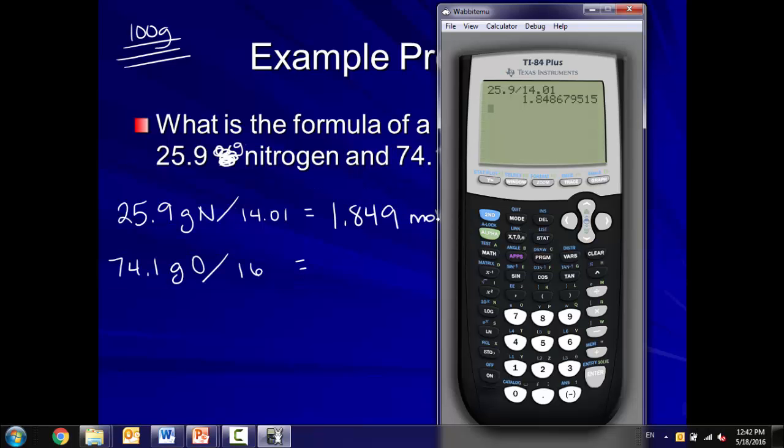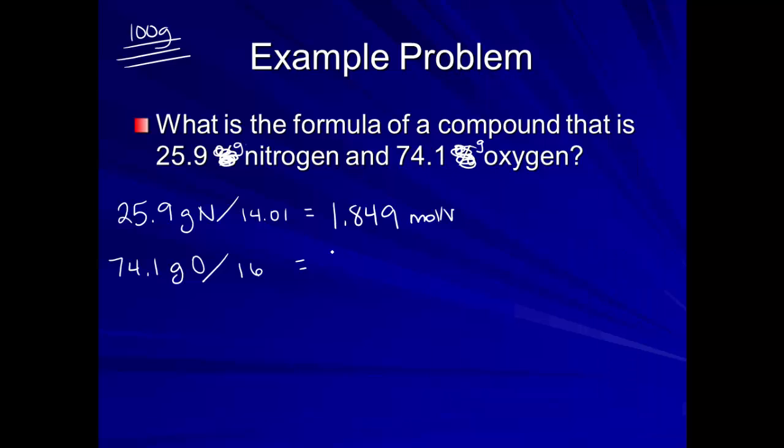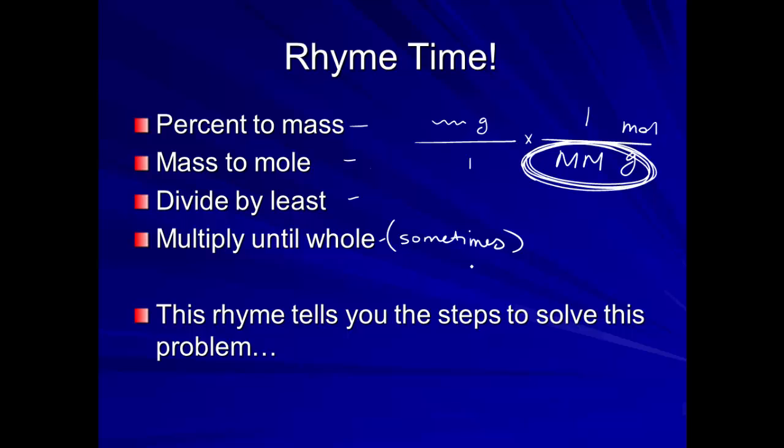And switching back to our calculator for oxygen, 74.1 divided by 16, that's its molar mass on the periodic table, 4.631 moles of oxygen. Very good. So that was step 2. We have done percent to mass, mass to mole. What's next? Next is divide by least.